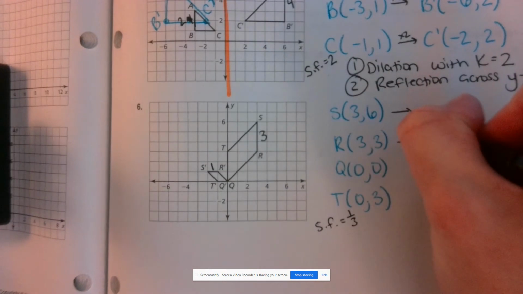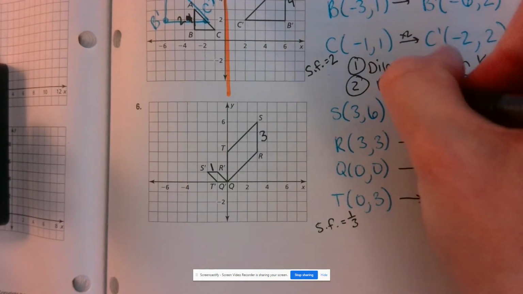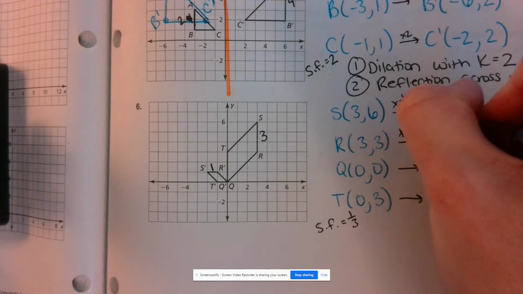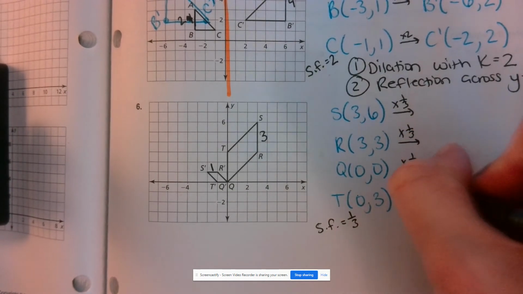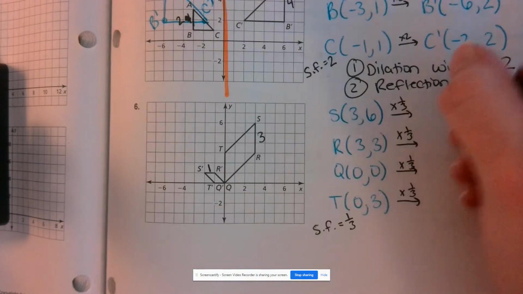I need to multiply all of my ordered pairs by 1/3 to get my new ordered pairs. Okay.